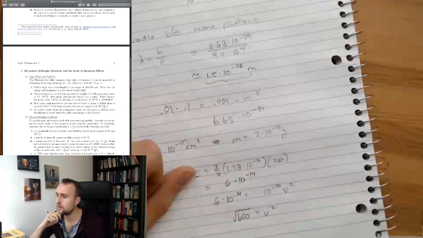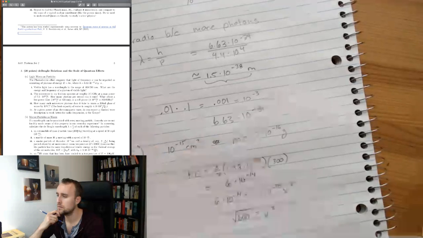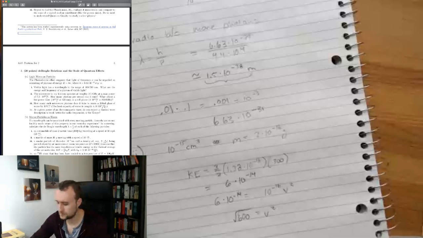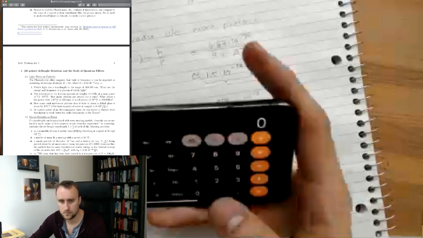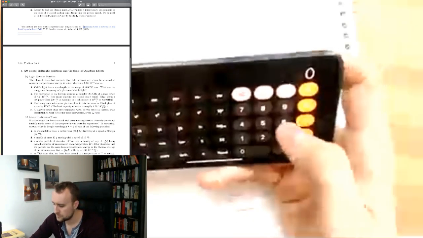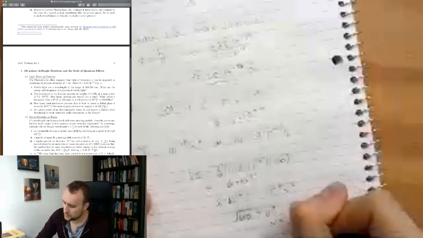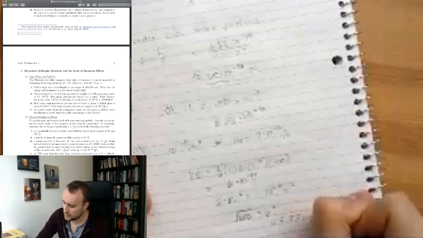What times what equals 600? 25 times 25, no. We'll do that on the calculator. Yeah, 25. So v equals about 25 meters per second.